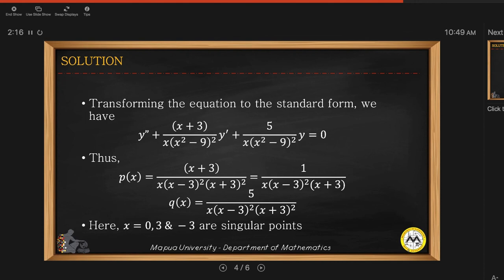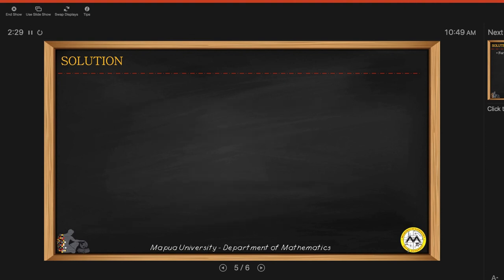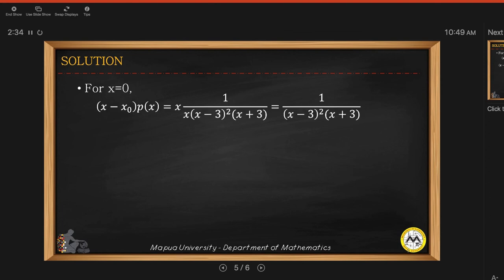Hence, we see that 0, 3, and negative 3 are singular points. Now we check using the definition if these points are regular points. We start with x equals 0.